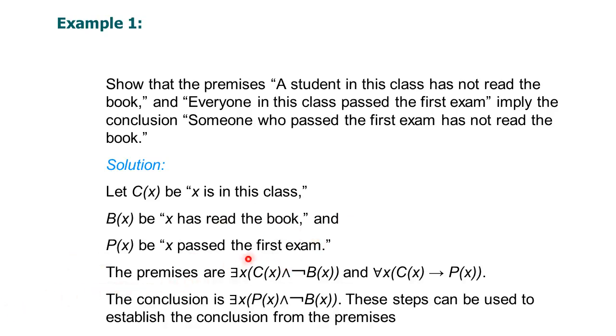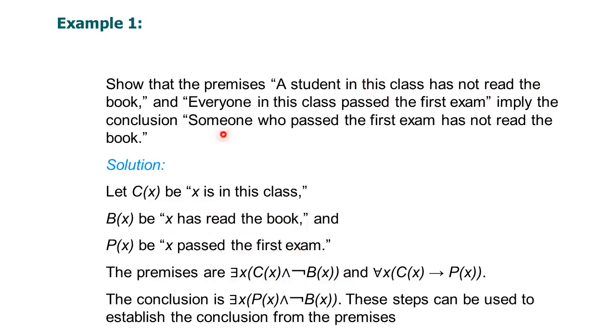Then the premises are: there exists x such that C(x) and not B(x). Why is it written this way for a student in the class who has not read the book? C(x) stands for x is in the class, and not B(x), where B(x) means x has read the book.